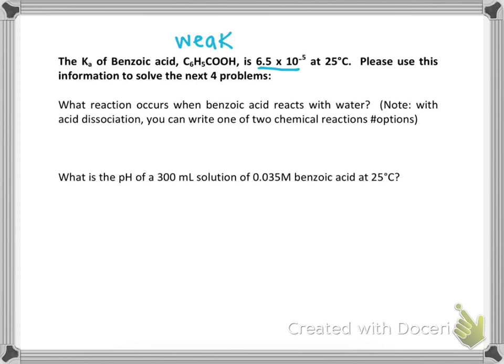So the first step is to write the reactions that are associated, and we can write for acids the reactions in two different ways, and it works out the same. So we have kind of the shorter, quicker way to write it out, where we just have our acid and it's in equilibrium with its conjugate.